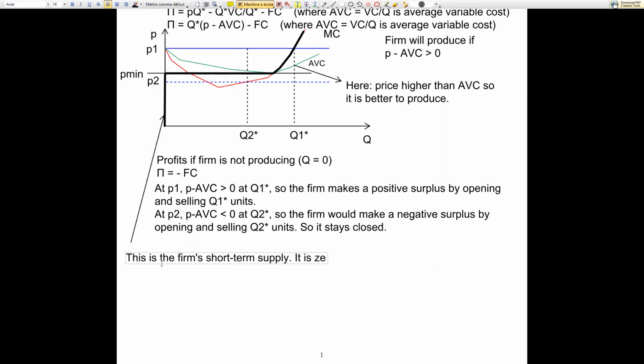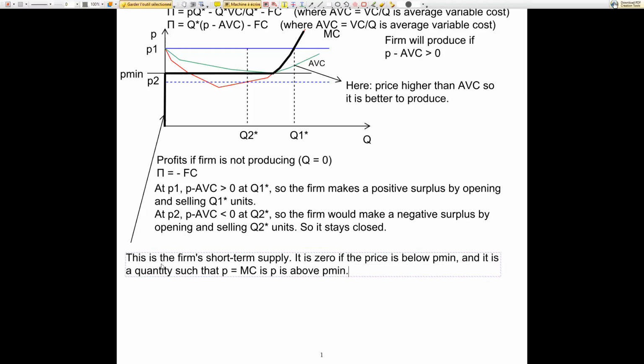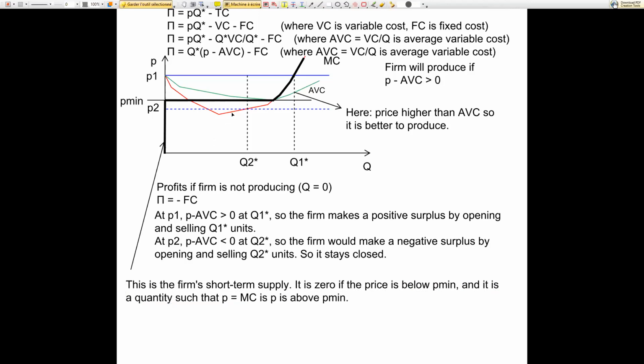It is 0 if the price is below P-min, and it is a quantity such that price equals marginal cost if the price is above P-min. All right, so that was a bunch of stuff. So questions, comments, uncertainty?